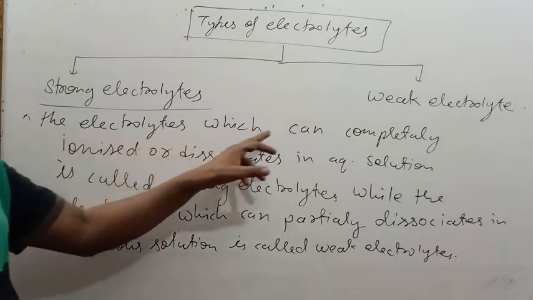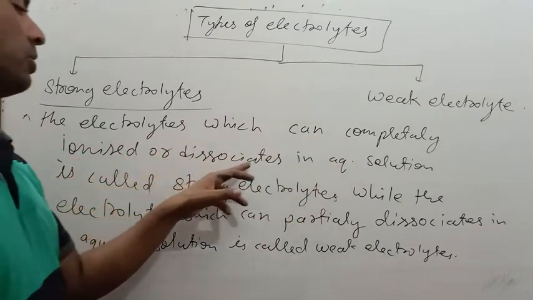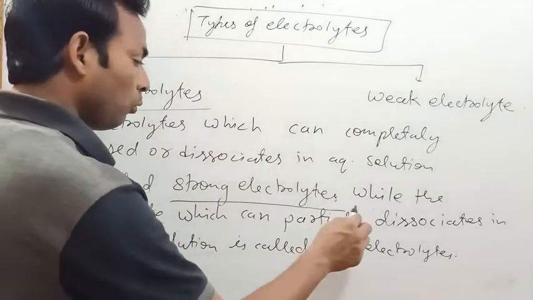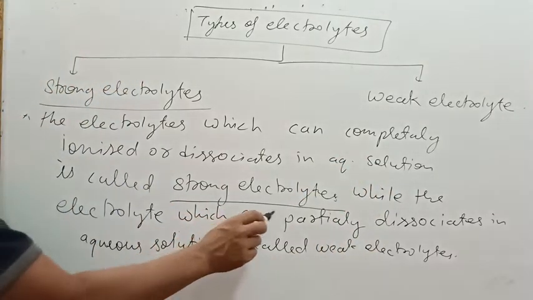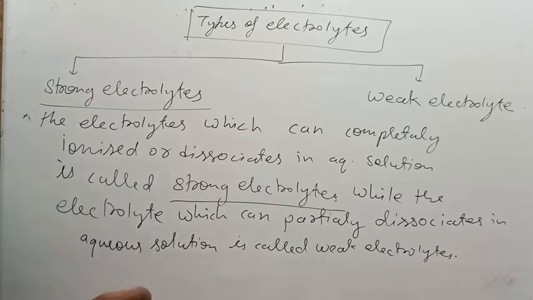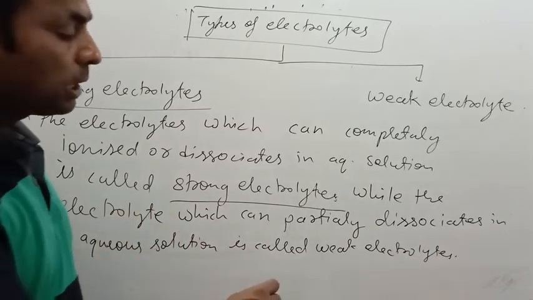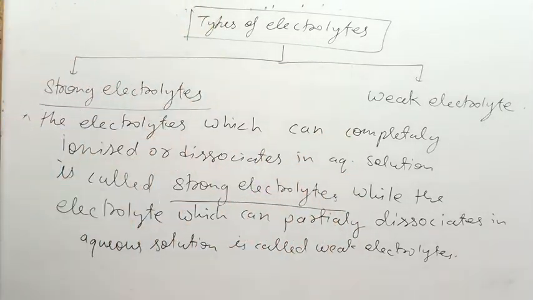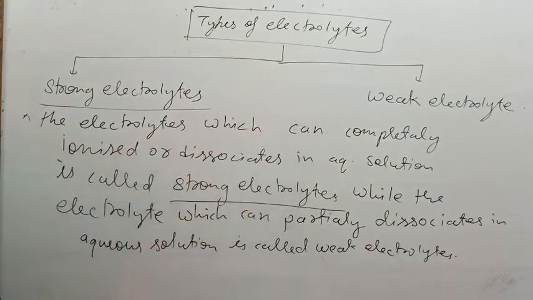The electrolytes which can completely ionize or dissociate in aqueous solution are called strong electrolytes, while the electrolytes which partially dissociate, less than 100%, in aqueous solution are called weak electrolytes. Clear, students? Okay, please take a screenshot. I'm going to tell examples of both. Don't worry.